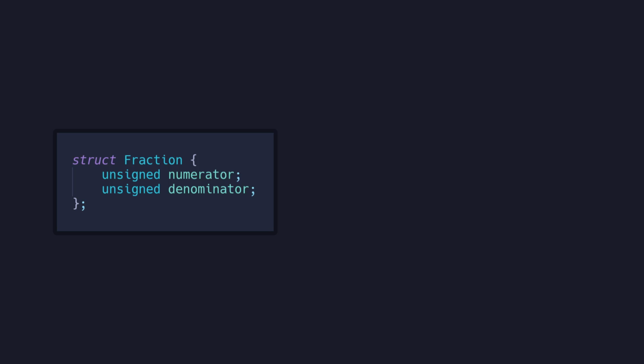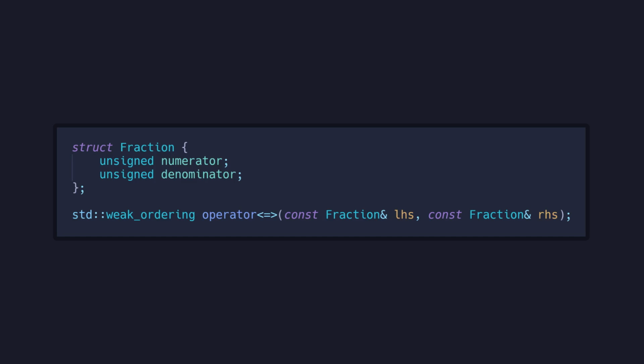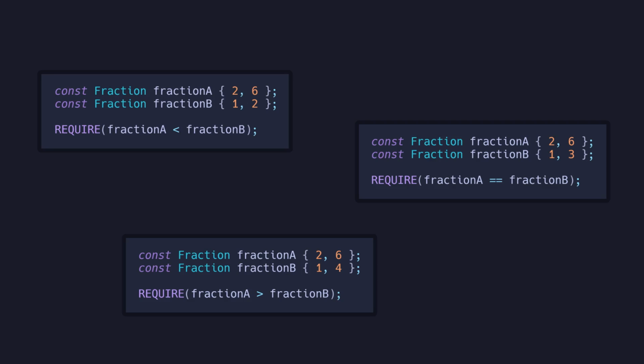Both of these values are relevant to compare, so they would both be considered comparison salient state. However, we still want the fractions 1/3 and 2/6 to be considered equal. This behavior is exactly what a weak ordering is for. The exact implementation of this operator is not important right now, but can be found in the Git repo in the description. As you can see here, the comparison behaves as expected, despite the internal data being different.